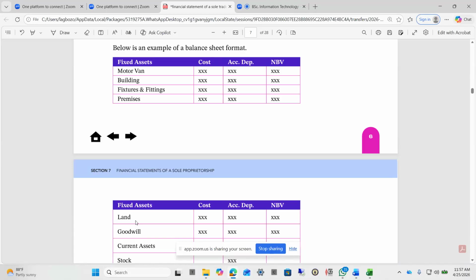One, your asset may be depreciated as a result of its usage. The more you are using it every year, it will reduce in value. An asset can also be depreciated if its fashion becomes outdated. Let's say the TV you bought 10 years ago might be an analog TV, but now we have digital TVs.